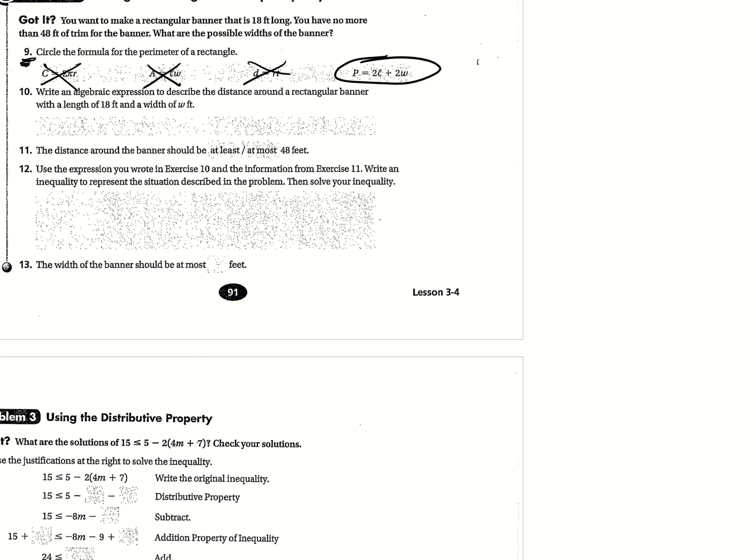Then we look at number 10: write an algebraic expression to describe the distance around a rectangular banner with a length of 18 feet and a width of W feet. I'm going to let you guys try to do number 10.